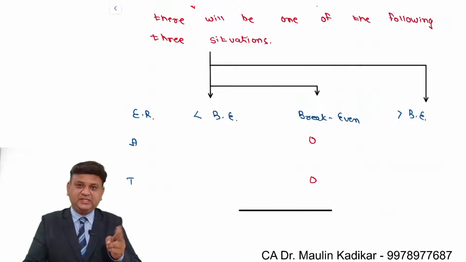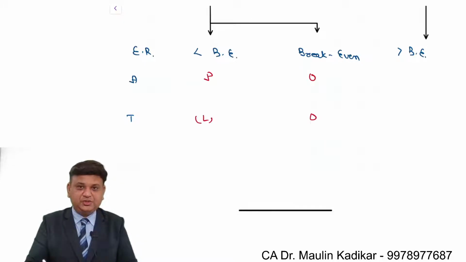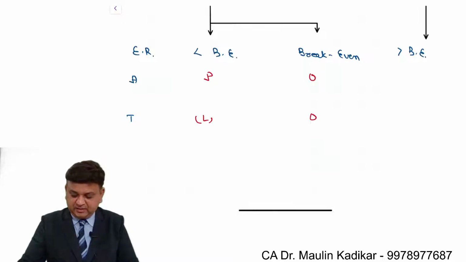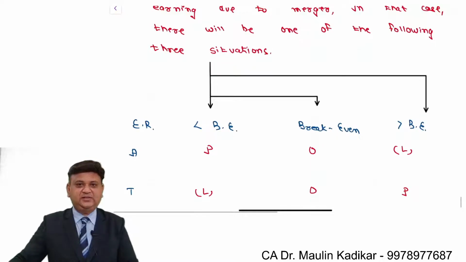If it is less than the break even, then the acquiring company will have a profit and the target company will have a loss. If it is greater than break even, the target company will have a profit and the acquiring company will have a loss. This is what we understand.